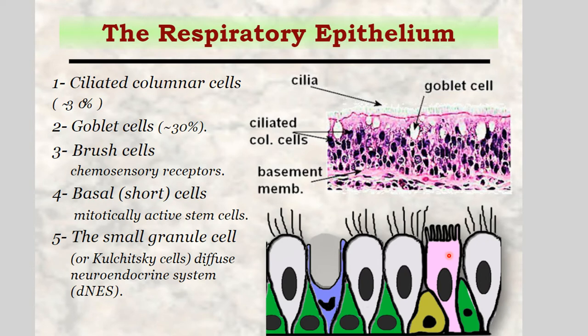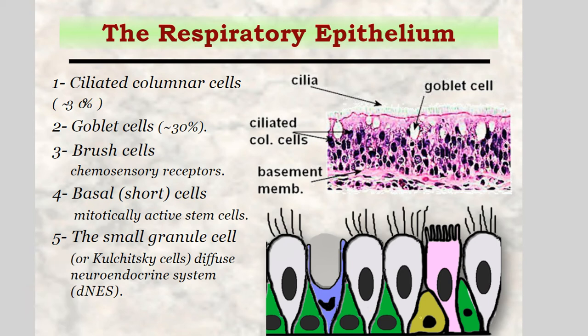Small granule cells, which are also almost 5%, resemble basal cells. However, their cytoplasm consists of multiple granules.